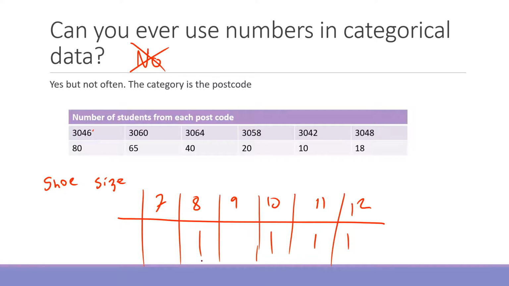The point is, before we get in too deep, that shoe size is ordinal data because we know that size 9 is bigger than size 8, size 10 is bigger than size 9, and size 11 is bigger than size 10, but we don't know what it's measuring. Size 11 shoes are 11 what?